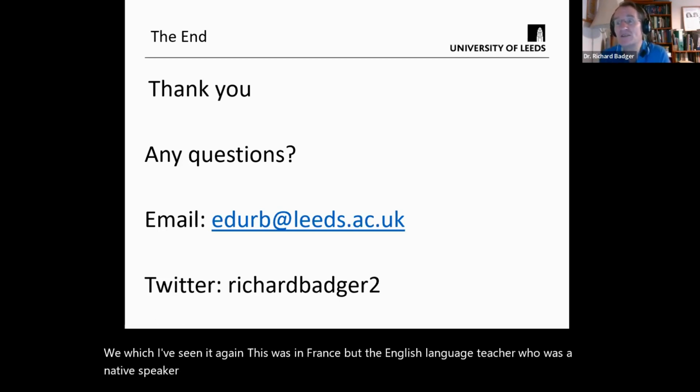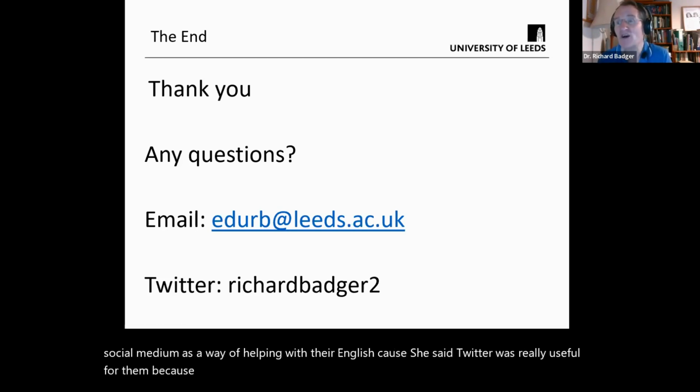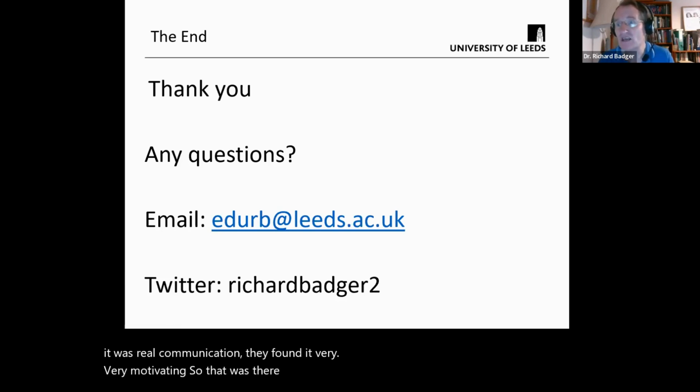She was encouraging her learners to use Twitter as a social medium to help with their English, because she said Twitter was useful for them because it was fairly short text in English which they could understand, and because it was real communication, they found it very motivating. So that was a particular kind of social skill that the teacher was using.